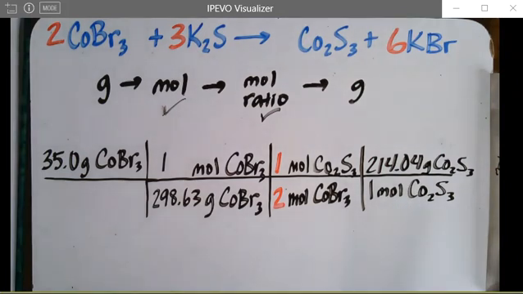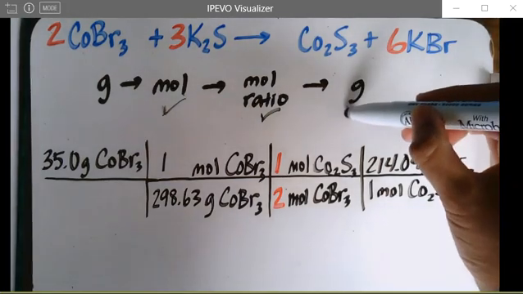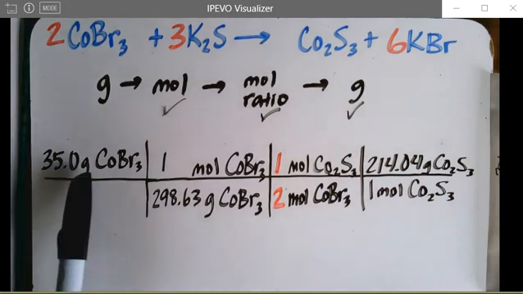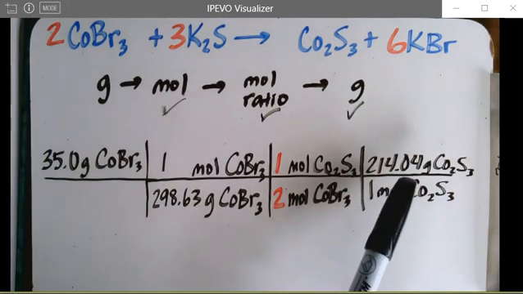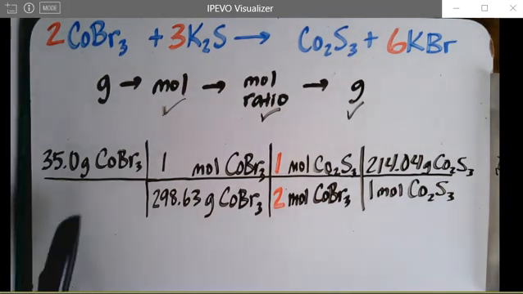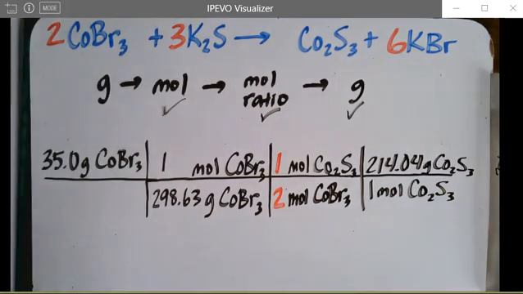Now that we've set up our stoichiometry correctly, we are ready to solve using our calculators. So go ahead and multiply across, and then remember to divide the top from the bottom. Record your answer in significant digits. Pause the video so you can do that in your calculator.